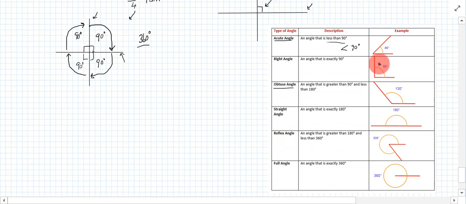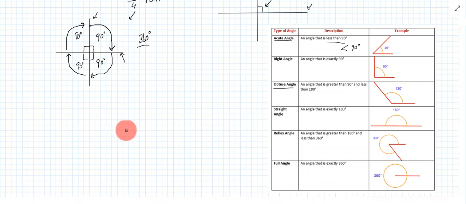The other side of an acute angle is also a reflex angle. So again, it's an angle that's between 180 degrees and 360 degrees. And then you have what's known as a full angle, or even a circle, an angle that is exactly 360 degrees. So again, this is known as a full angle.